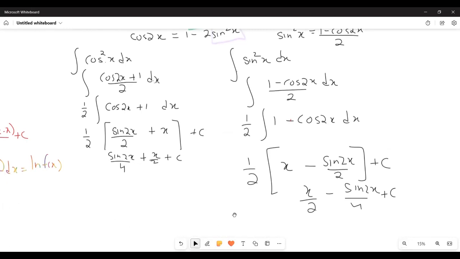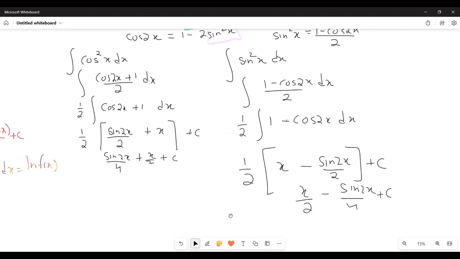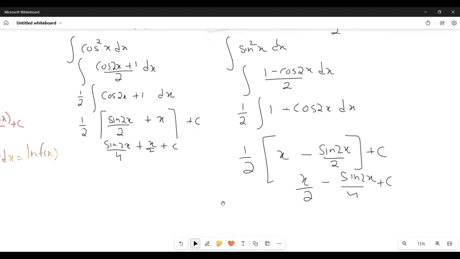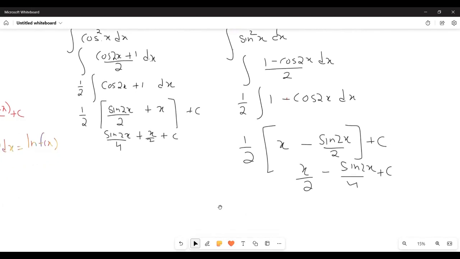And lastly, we're going to discuss the integration of sine, cos, and secant square when fx is not linear. So, fx is not linear anymore.